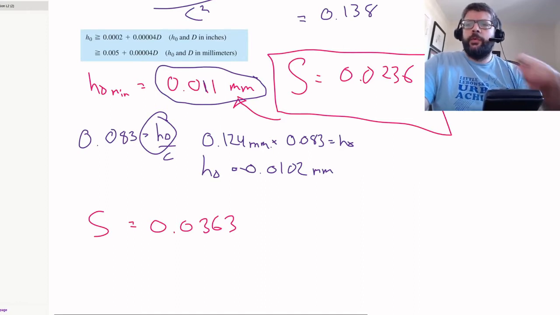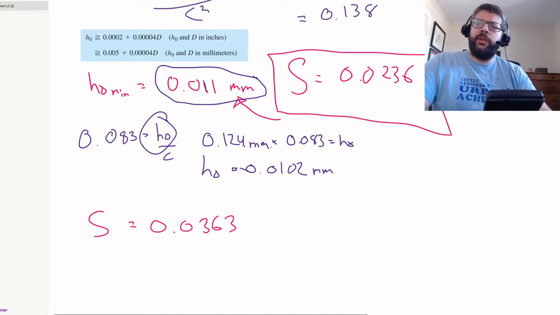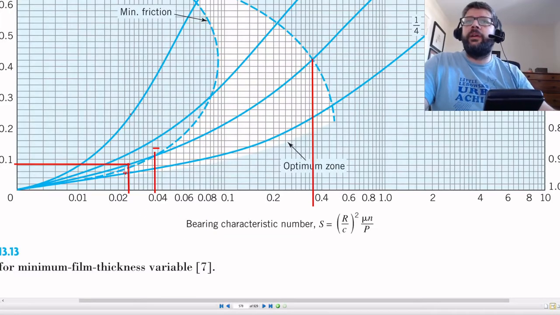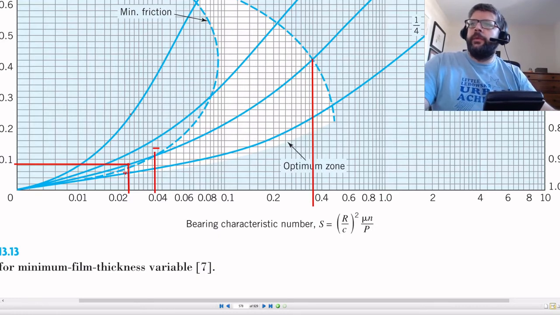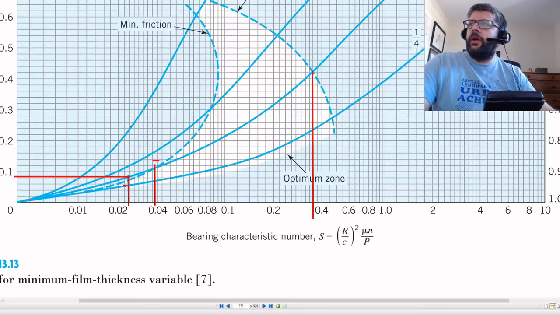So if we were going to 0.0363, too many decimal places really for looking something like that up, that's basically exactly where we had the minimum friction line crossing our half L over D line.